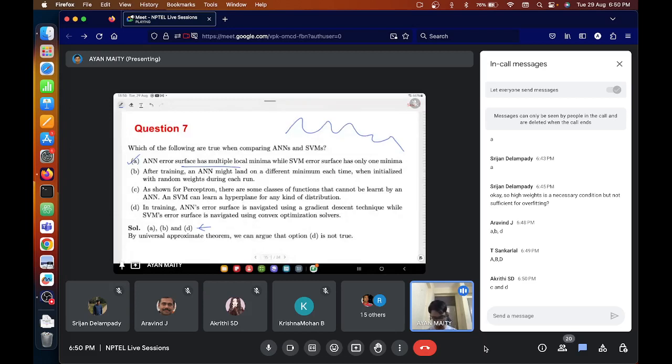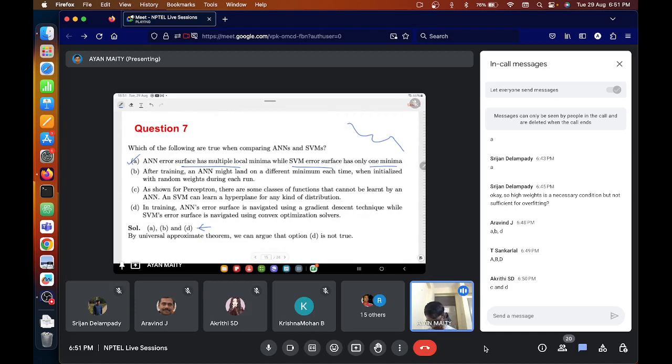But in case of SVM there is only one minima which maximizes the margin. That is the only objective in SVM, the hyperplane that maximizes the margin, and there is only one possible hyperplane that can do that. So there is only one minimum point.